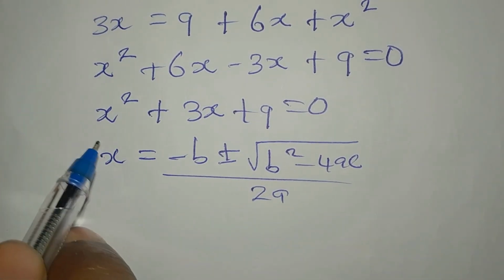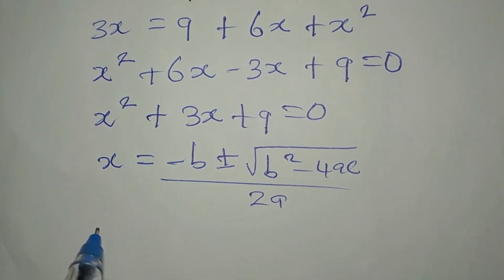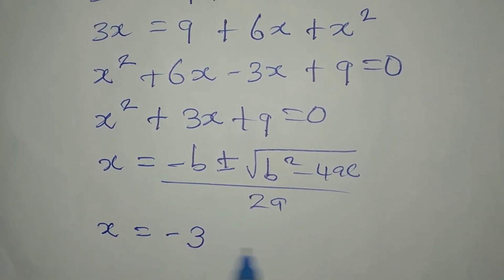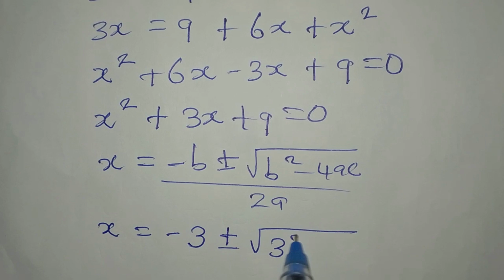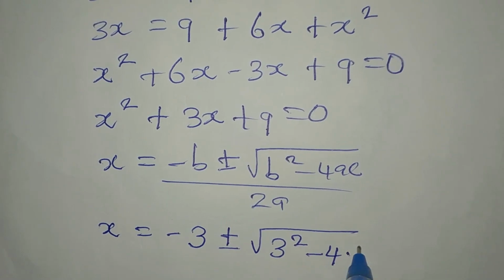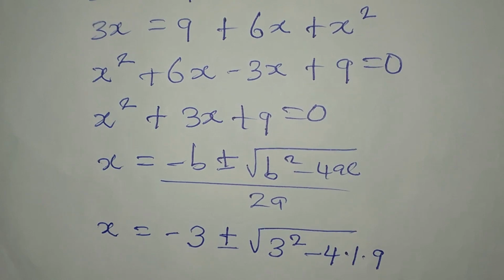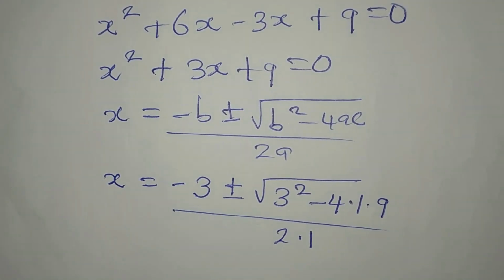Our a is 1, b is 3, and c is 9. So our x will now be minus 3 because b is 3, plus or minus, then we have 3 squared minus 4 times 1 times c. A is 1 and c is 9. We divide the whole of this by 2 times 1.